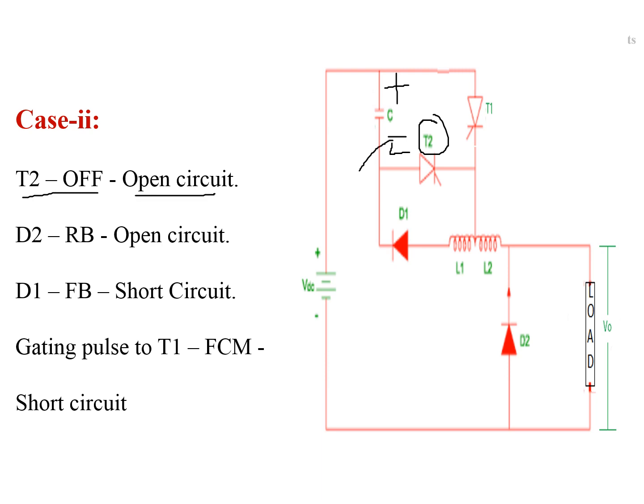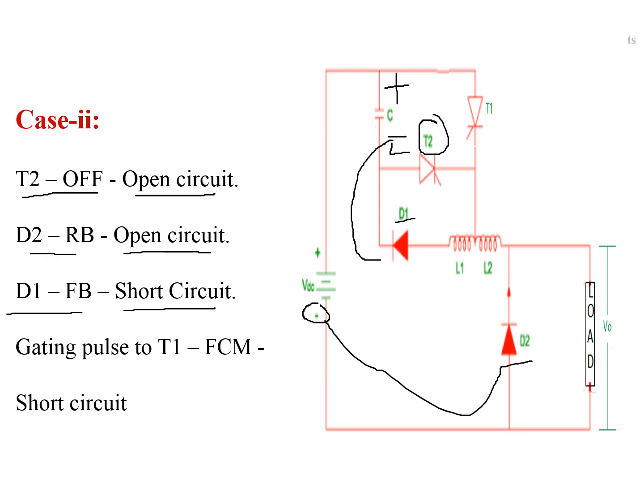Similarly, this negative polarity is connected to the cathode of diode D1, so diode D1 comes into forward bias and acts as a short circuit, and this negative polarity of the source is connected to the anode of diode D2, so diode D2 is in reverse bias and acts as an open circuit. In this case, we are going to give the gating pulse to thyristor T1 to make the capacitor discharge.